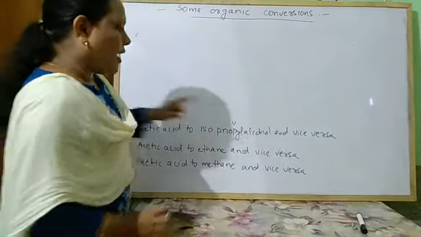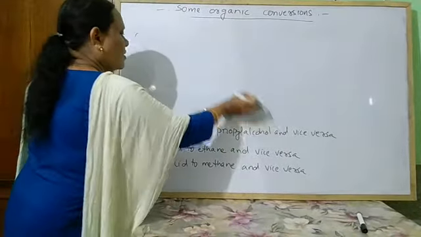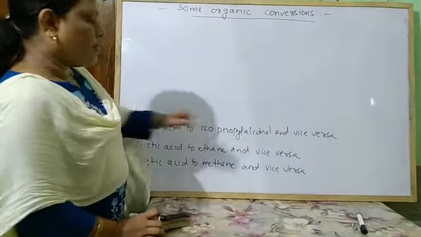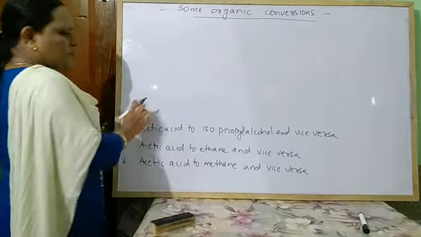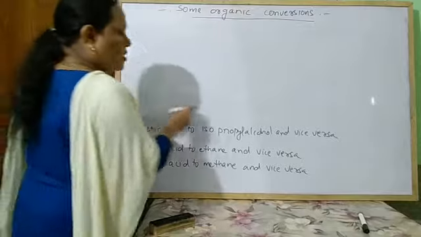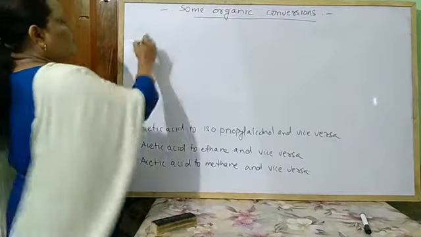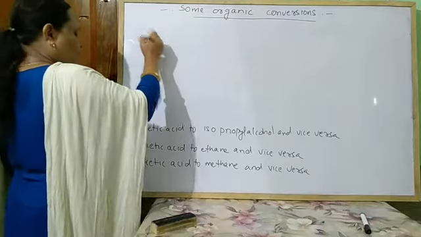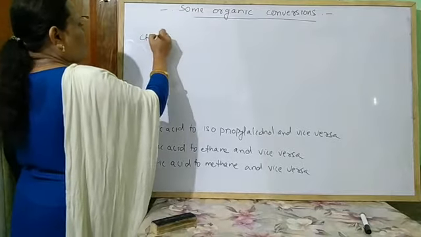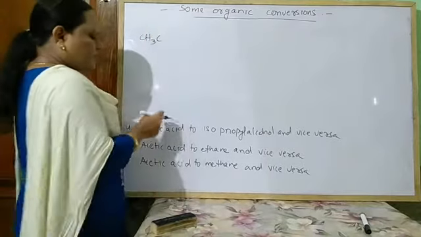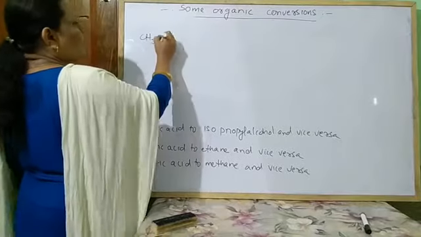Acetic acid to isopropyl alcohol. Here look, carbon atom increases. There are also different methods by which you can convert acetic acid to isopropyl alcohol. Look here. So first you convert acetic acid to acetone easily.